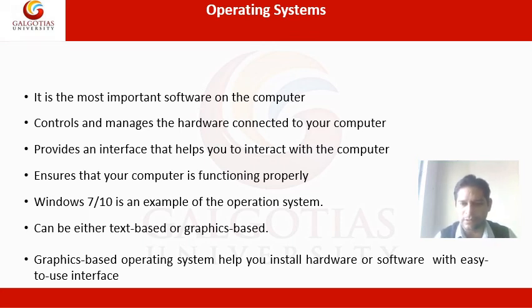It is not free of cost. So Linux and Unix are examples of open source operating systems. So students, the graphical based operating system helps you to install hardware or software on your computer system so that you can interact with those new hardware and software.